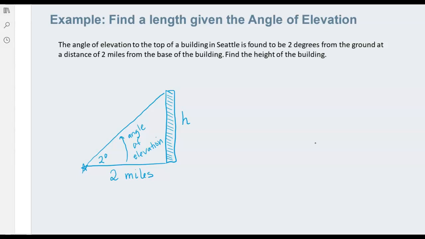We are given the adjacent side of the angle, and we want to find the opposite side of the angle. So we're going to use tangent for this calculation. The tangent of 2 degrees is going to be the opposite side over the adjacent side, or h over 2.